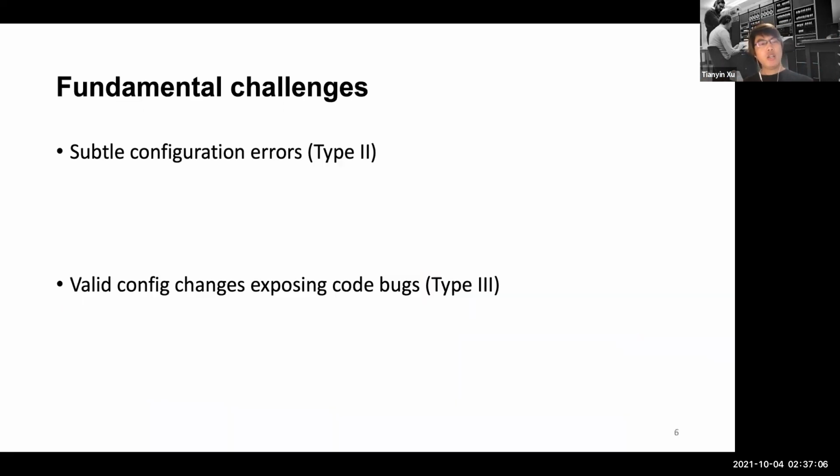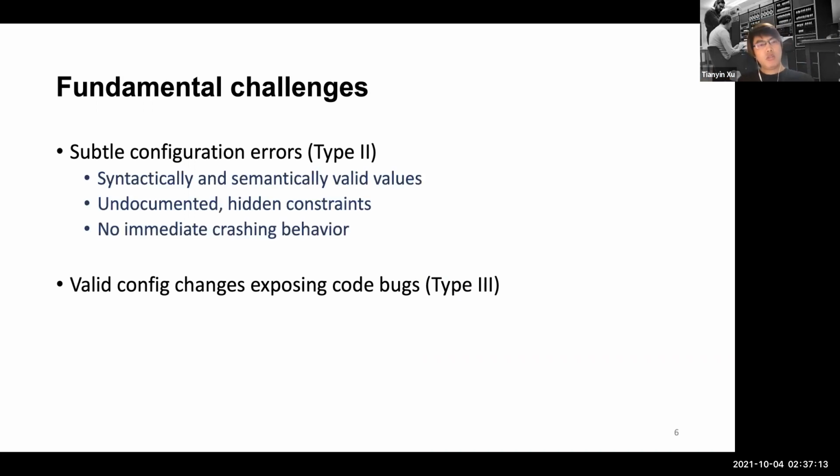So what are the fundamental challenges of these two types of bad configs? For the type 2 problems, it's tricky that those errors are mostly syntactically and semantically correct. And many of them are undocumented, or even unspecified in terms of the formal specifications.